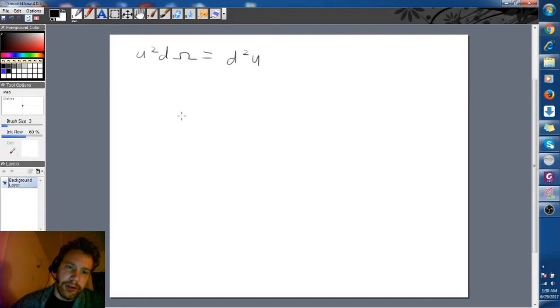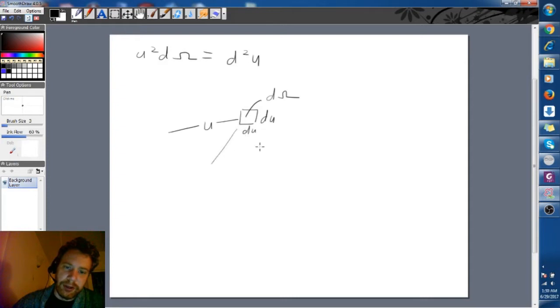If we were to sort of draw this out, we have some sort of distance u, and we'll have some sort of area measuring du by du, and it's subtending the solid angle d omega. Okay.